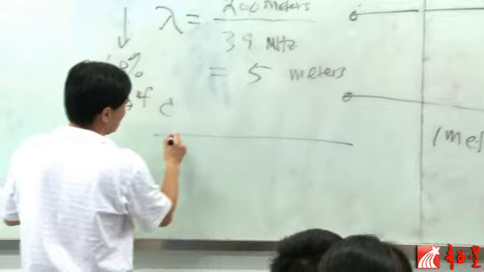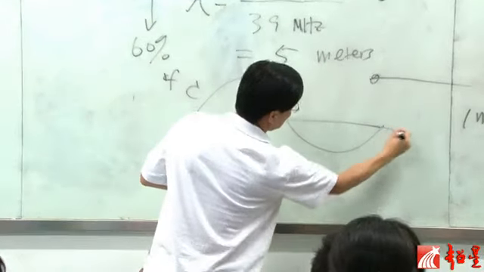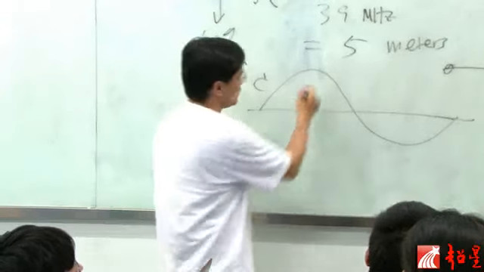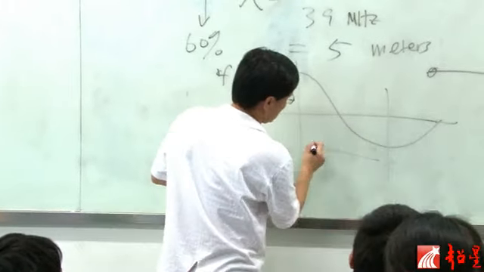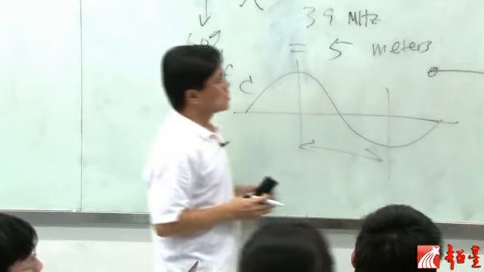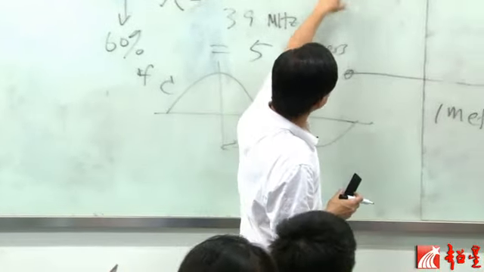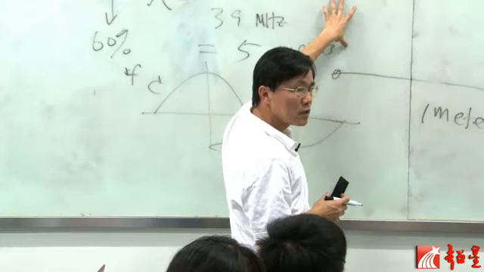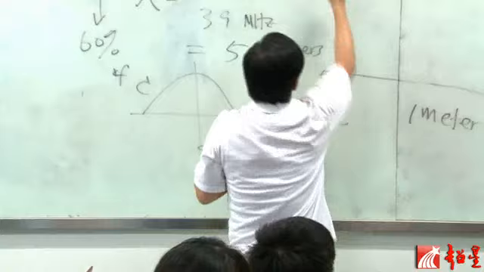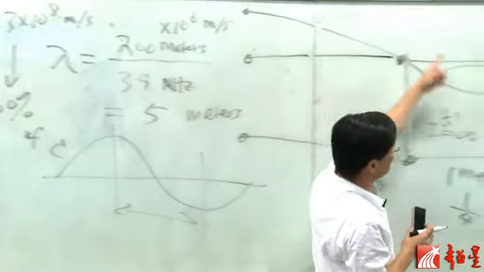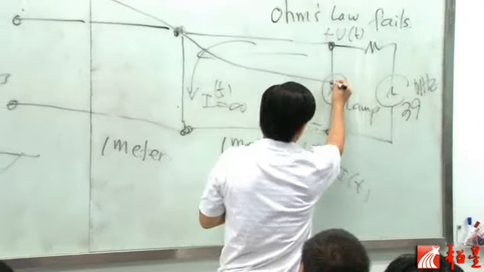So a sinusoidal waveform, this is one wavelength, and this is one half of that wavelength. Because this is open, you have the highest voltage at this point because there's no current, so the voltage is highest. So there's a peak here, and then when it goes to here, you're going to have a negative peak.